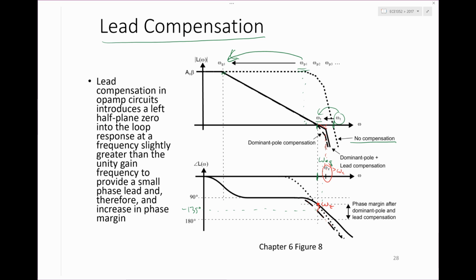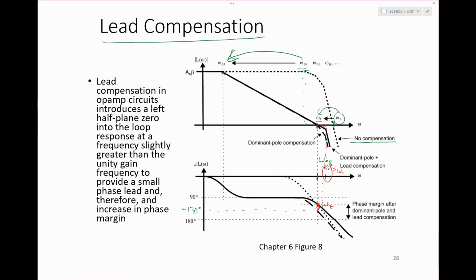But the reason we get away with it is because we only use lead compensation to provide a little bit of weak adjustment. We put omega Z above omega T, and we just try to get a little boost of 10, 20 degrees extra phase margin. It can be shown by a much more painful analysis, which I won't go through, that if you introduce just a little bit of extra phase margin that way, it doesn't introduce overshoot, it doesn't cause things to screw up. All the good properties that we're after are still preserved.